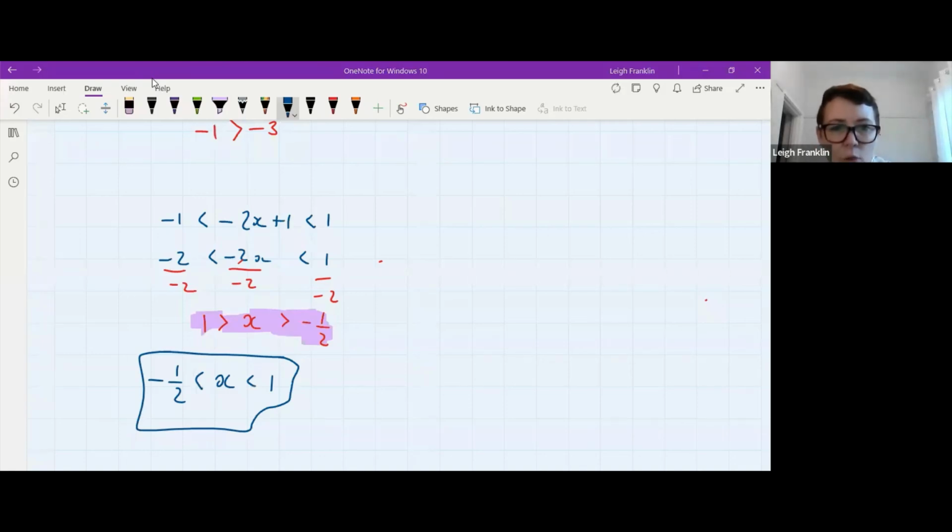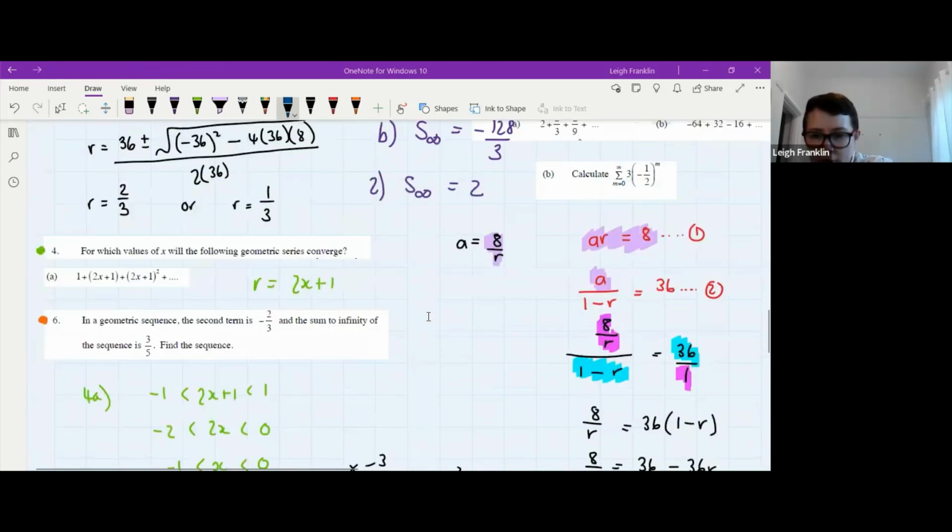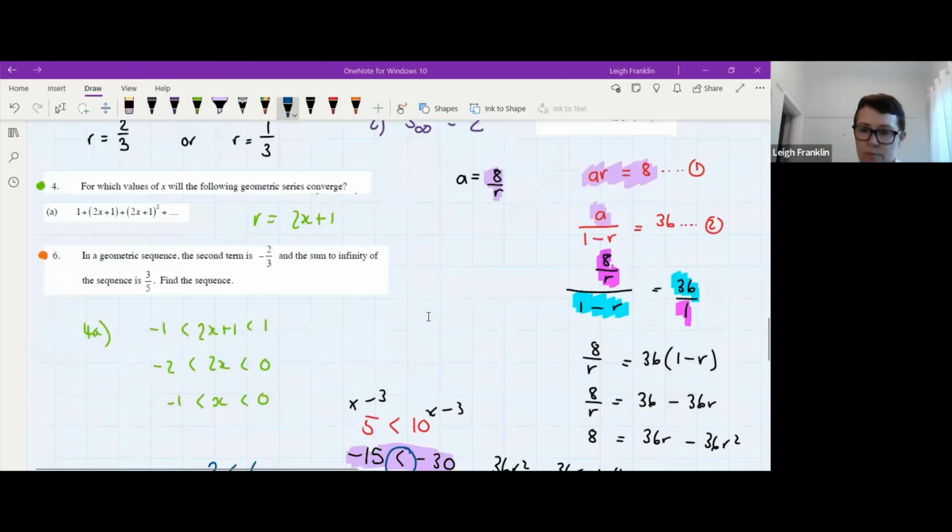Okay. Katleho, what did you get as your answers for the harder question? Did you work that one out? Yes. Okay, lovely. Do you want to share that with our students? I ended up with r equals -5/3 or r equals 2/3.